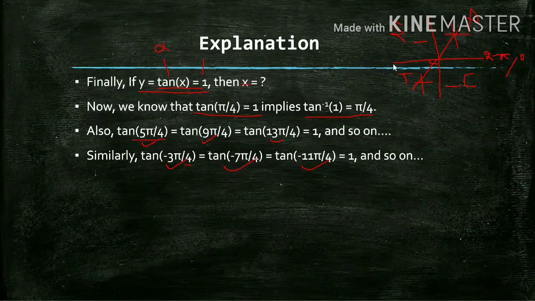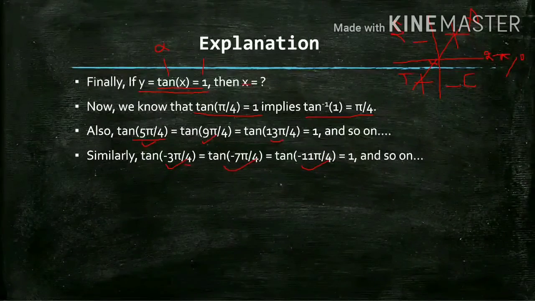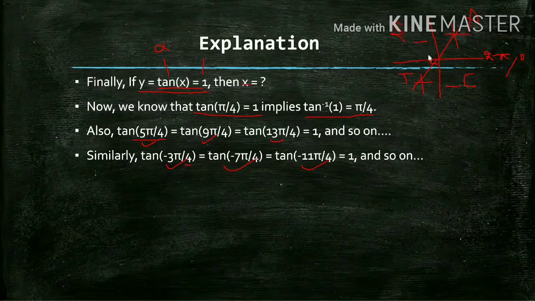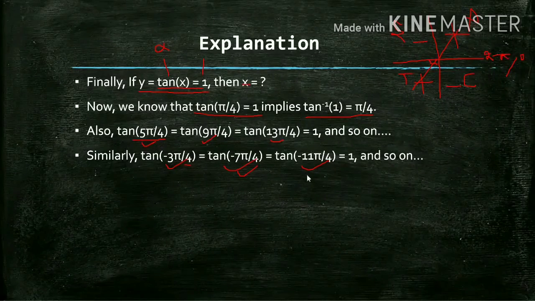Then minus 4 pi by 4 is this line, because this is minus 180. Then minus 5 pi by 4, minus 6 pi by 4, and minus 7 pi by 4. And similarly, you go on and write, and so on. You need not calculate all the angles because these are infinite.